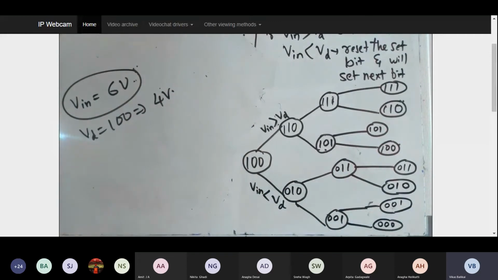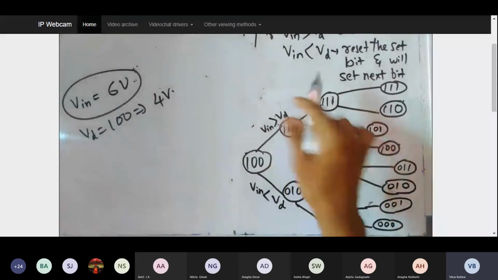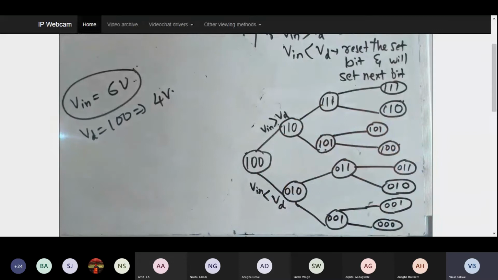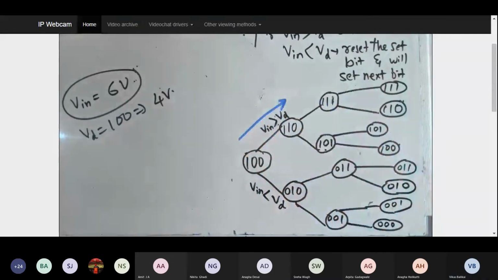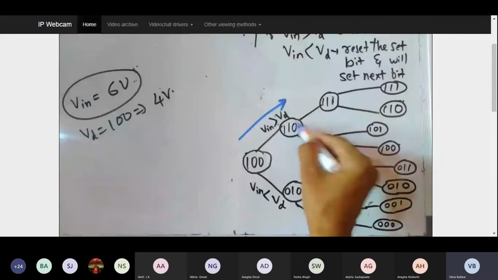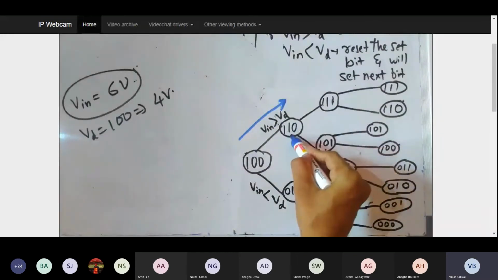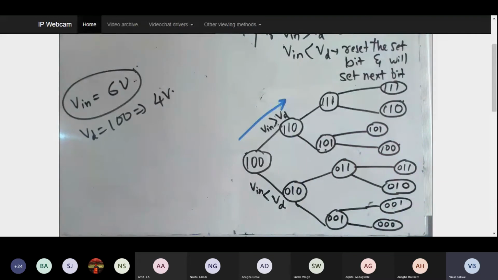Of course Vin is greater than VD, so if Vin is greater than VD, it will come and set. It will stay over here in this ring. So the loop traces over here. Now, what is the value of VD? VD is 110. Whether VD is 110, is it greater than Vin or less than Vin? I need to check that as well.